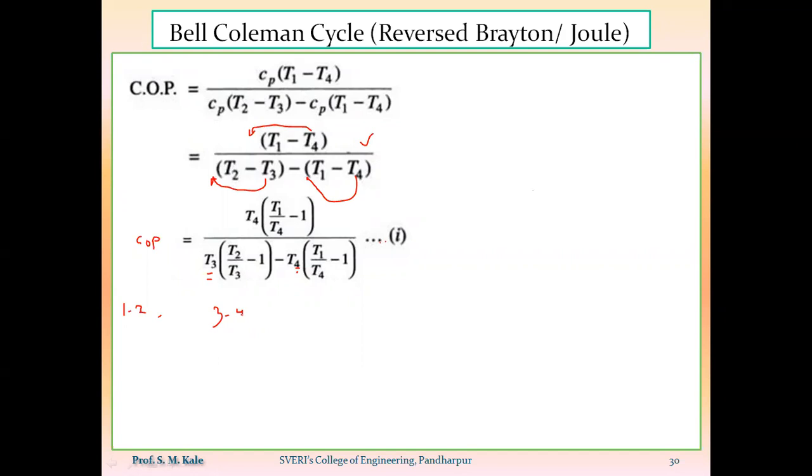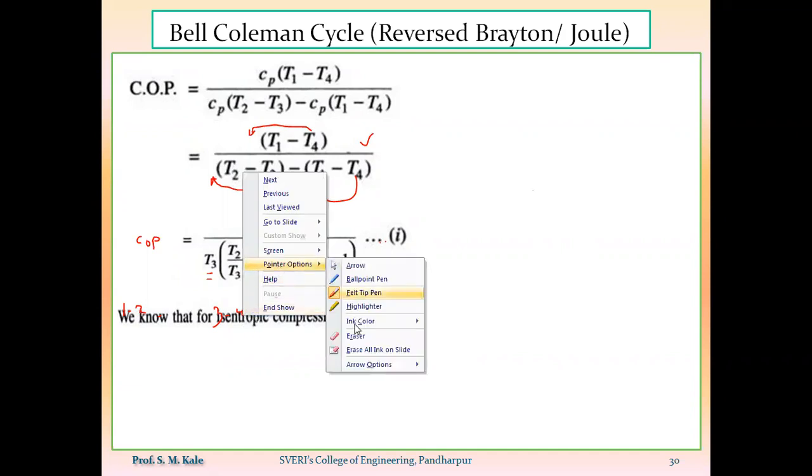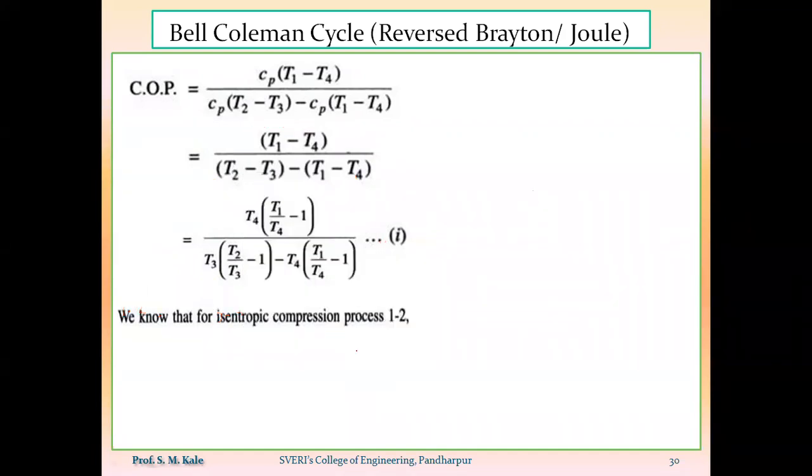So as our process 1 to 2 is an isentropic compression process, we know the conversion of temperature into pressure.